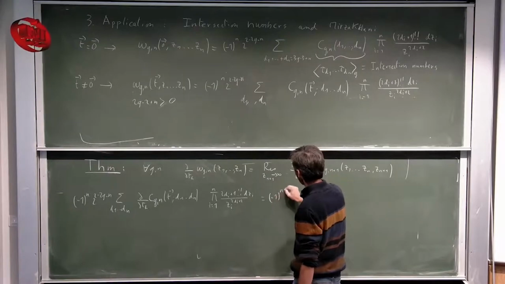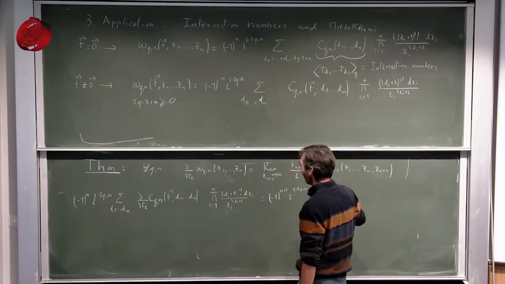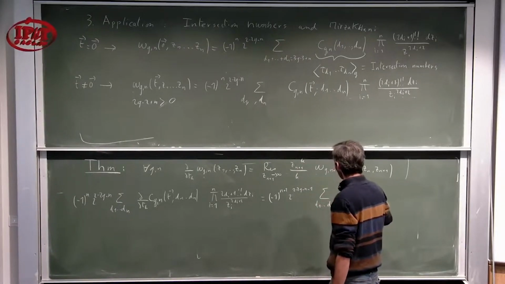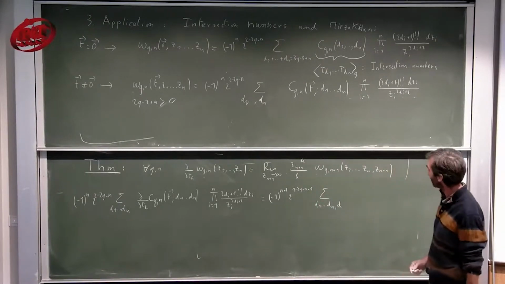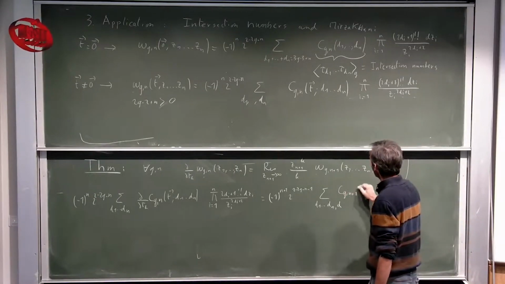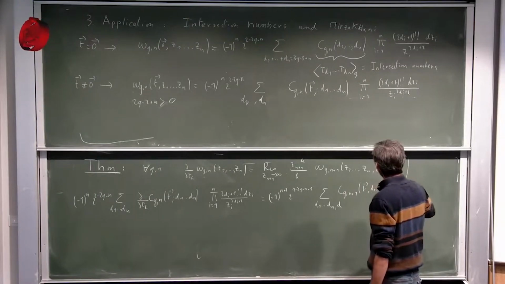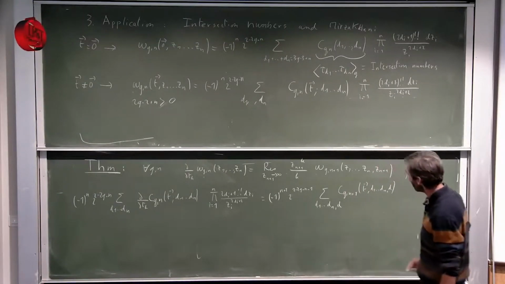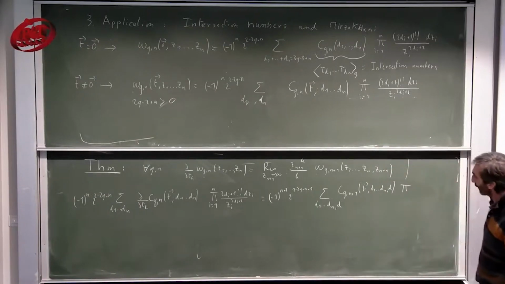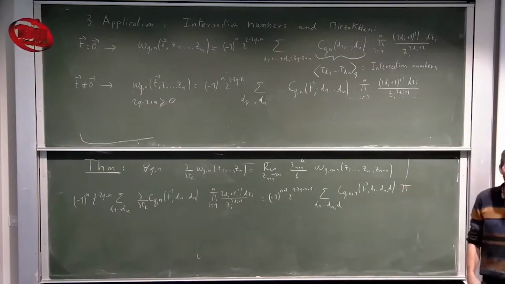(-1)^(n+1), 2 to the 2 minus 2g minus n minus 1, sum over d1 ... dn and an extra d, C_{g,n+1} of t, d1 ... dn and d, times the product, and let me separate the product with the first n from the last one.